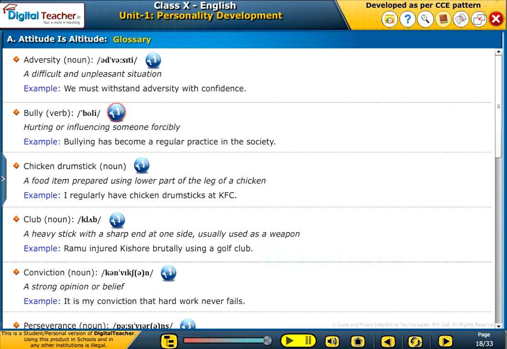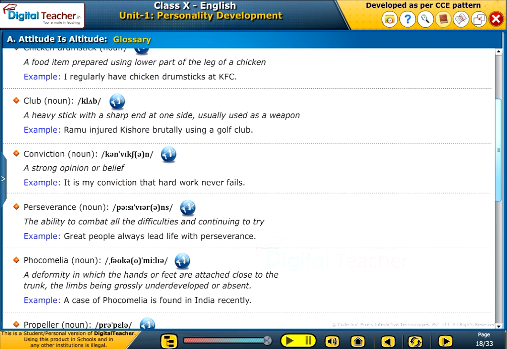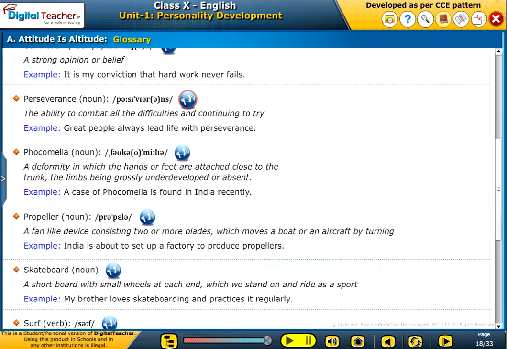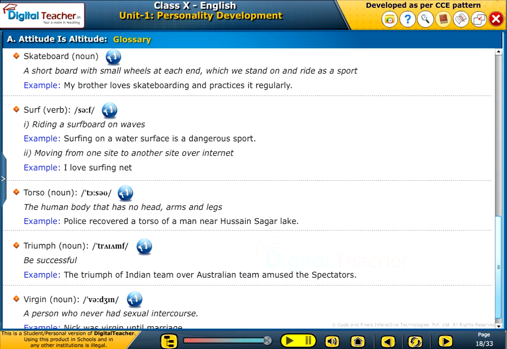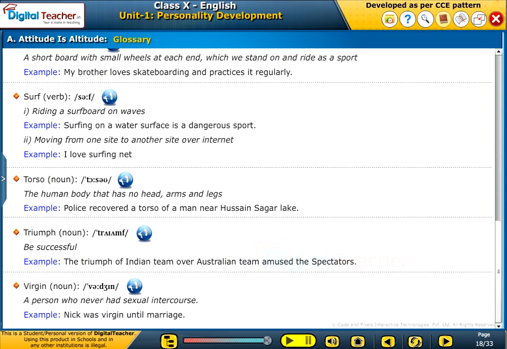Adversity, bully, chicken drumstick, club, conviction, perseverance, phocomelia, propeller, skateboard, surf, torso, triumph, virgin.